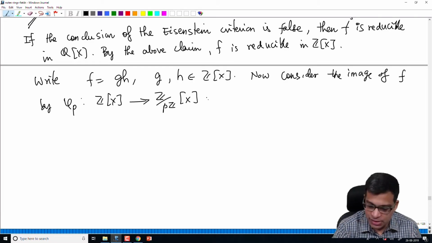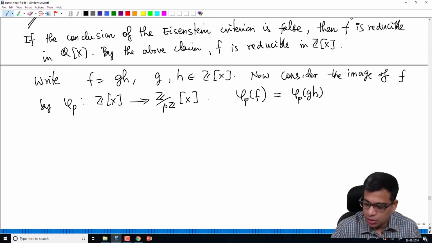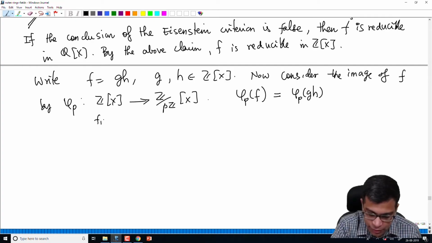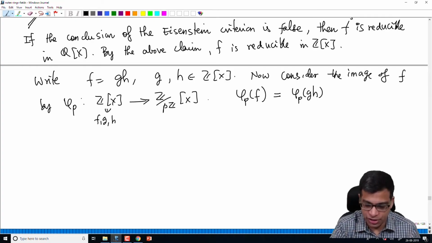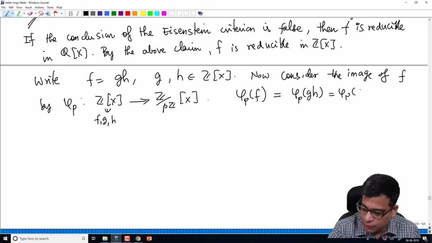So what we have is phi p of F is phi p of GH, because F, G and H are all here, right? And F is equal to GH. So phi p is a ring homomorphism, right? So phi p F is phi p GH, which is equal to phi p G times phi p H.